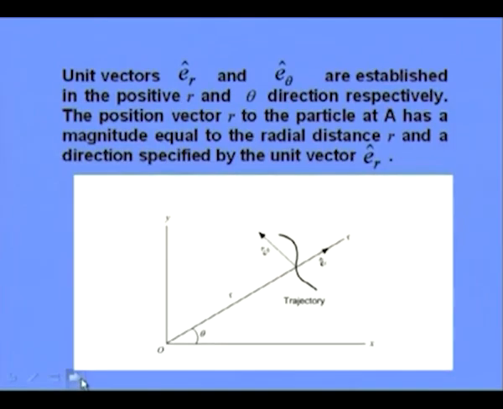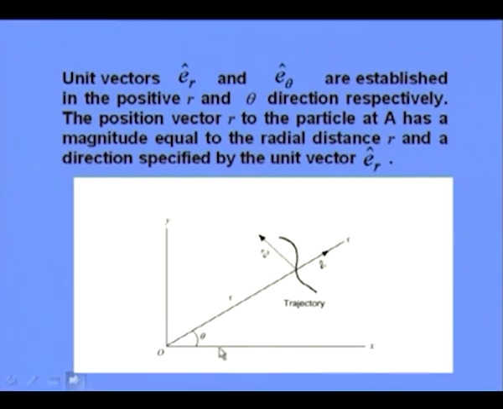Now we can define unit vectors er and e theta established in the positive r and theta directions respectively. So unit vector er is along the r direction and unit vector e theta is along the theta direction. The position vector r to the particle A has a magnitude equal to the radial distance r and a direction specified by the unit vector er.